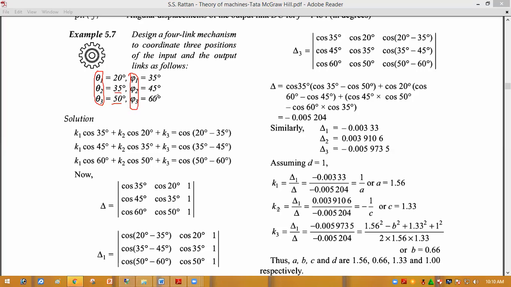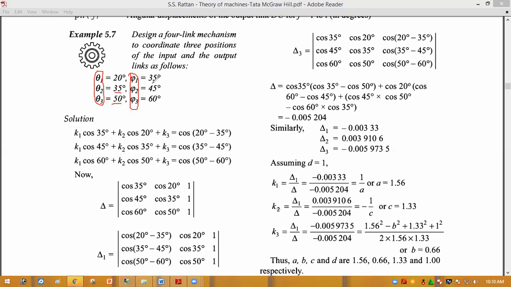So let us see how to get the values of A, B, C, and D. To get the lengths of each and every link, we have to use the Freudenstein equation. The Freudenstein equation is k1 cos phi 1 plus k2 cos theta 1 plus k3 equal to cos of theta 1 minus phi 1.